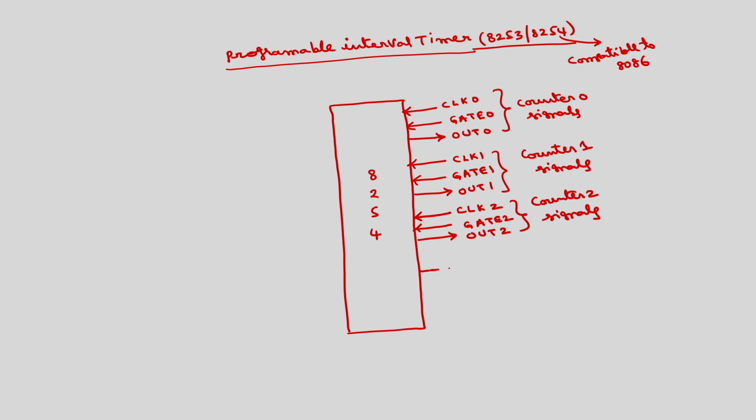So, any IC will have VCC and ground. And there will be one chip select signal. And there is an 8-bit data bus, D7 to D0.